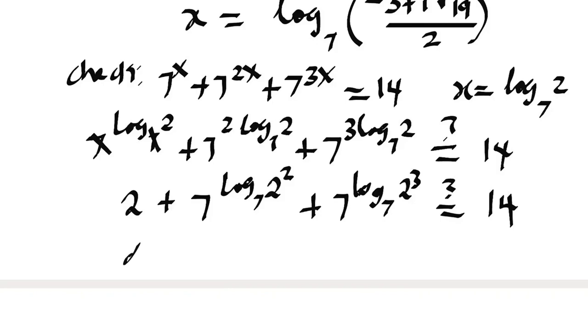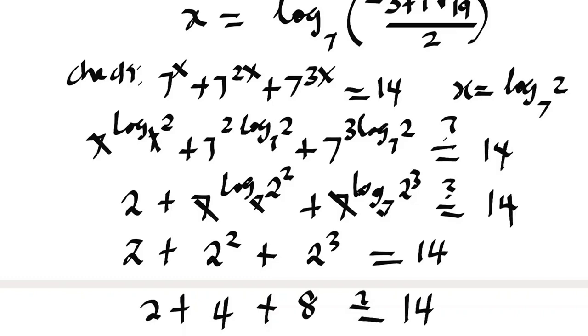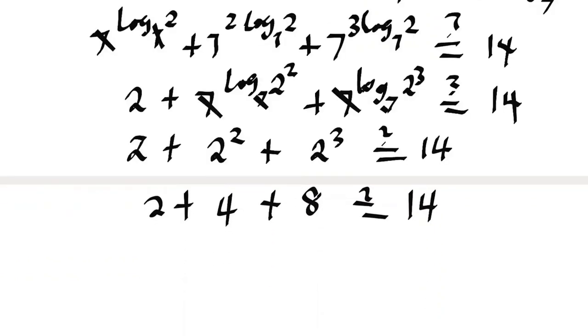So we see that we're going to have 2 plus 2 to the power of 2, plus 2 to the power of 3, which is 2 plus 4 plus 8, and that gives us 14. You can see 14 equals 14. And that is the solution to the problem.